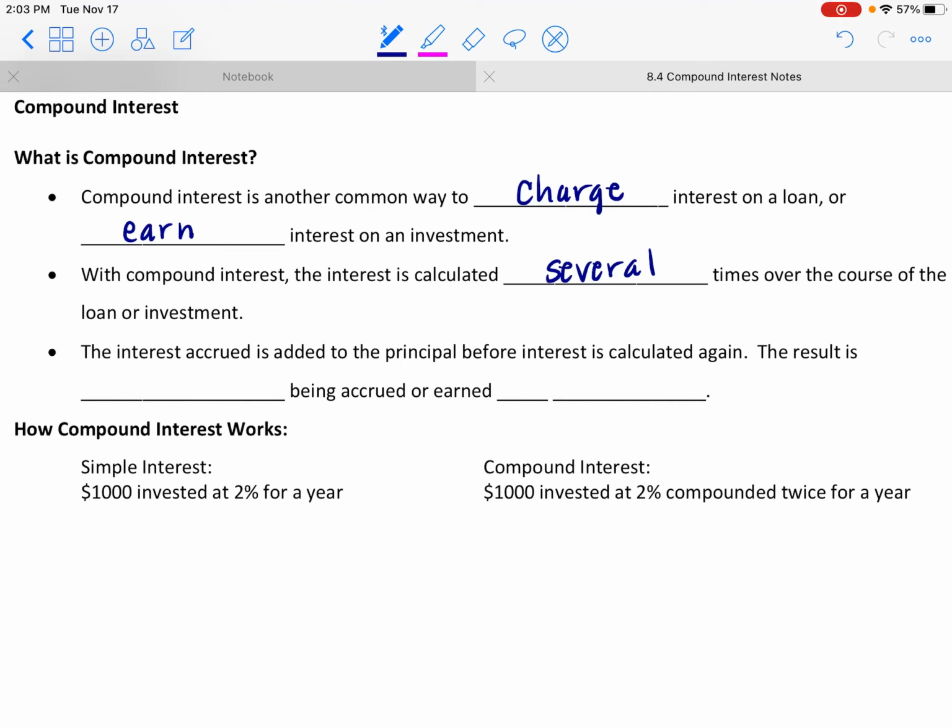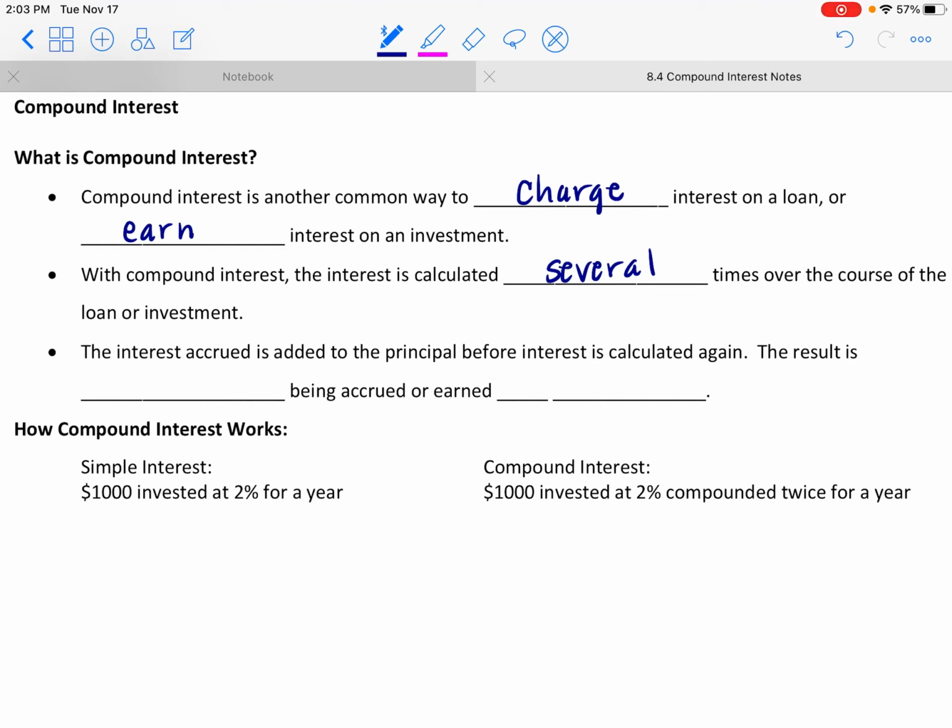Now, what happens then is the interest that's being accrued, and remember that's the word that encompasses charging and earning. So that interest that is accrued is added to the principal balance before you calculate the interest again. So simple interest is like a one-time shot.